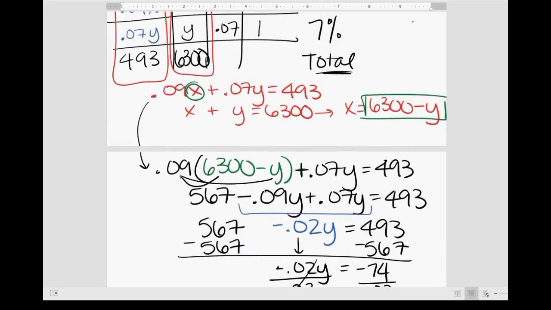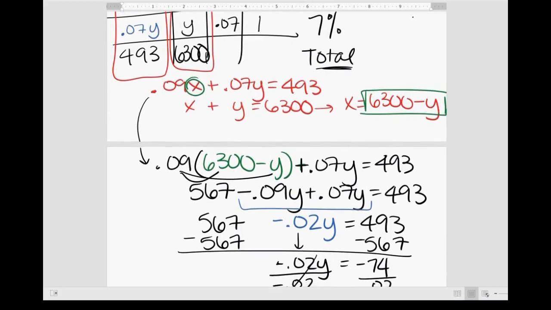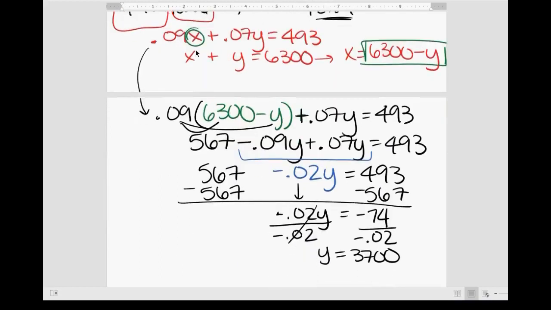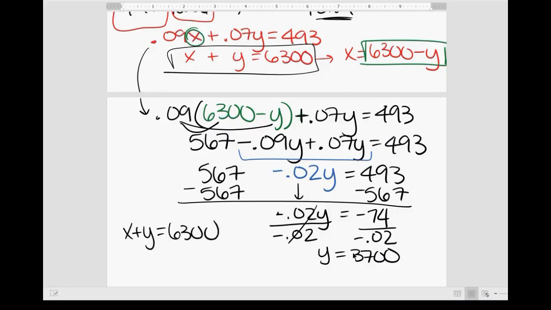So now I want to get x. So that's my y. Let's take our simple equation here, x plus y equals 6,300, and solve for x. So I'm going to take 3,700, plug it in for y.